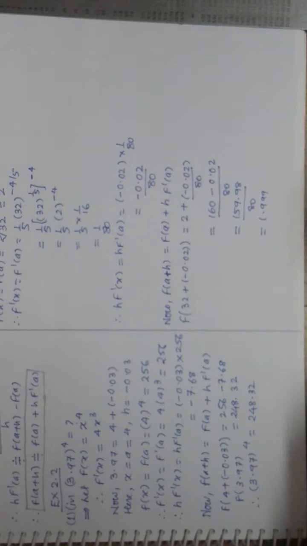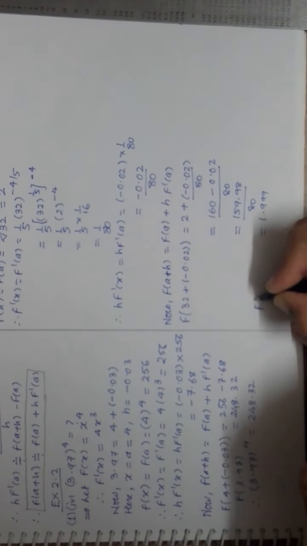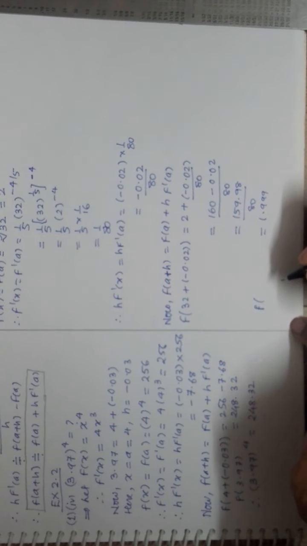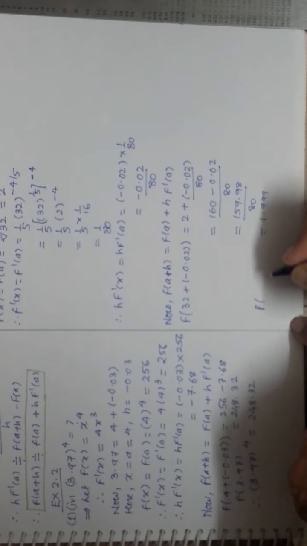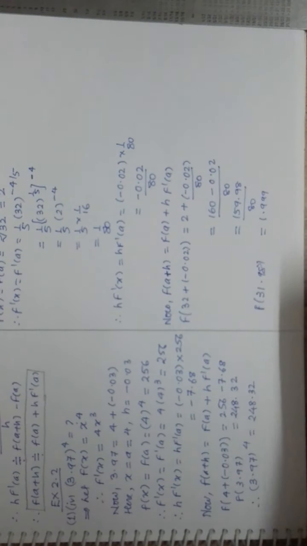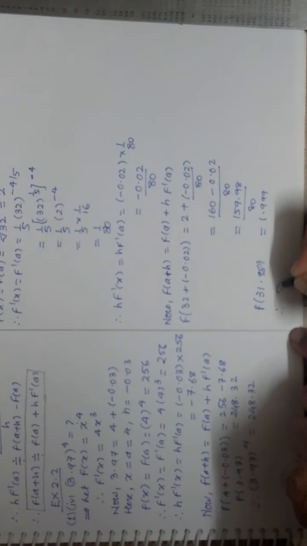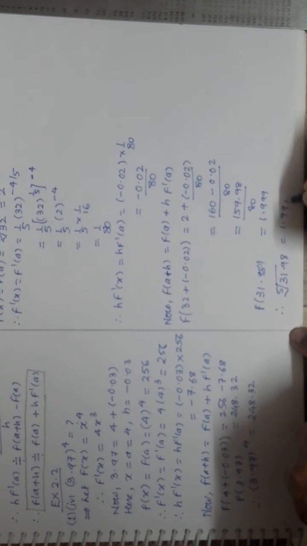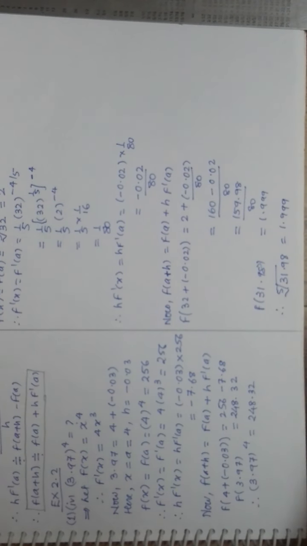So f of 32 minus 0.02, that is 31.98, but the function of x was defined as the fifth root of x. Therefore the fifth root of 31.98 will be 1.999, and also 75 is there, which I am not writing right now.